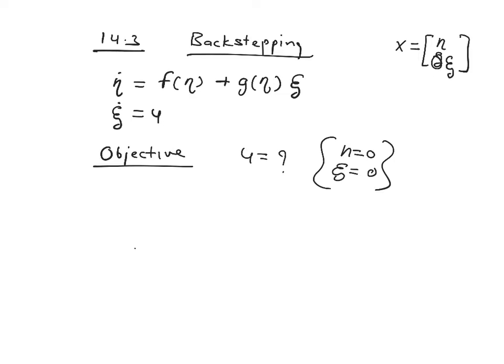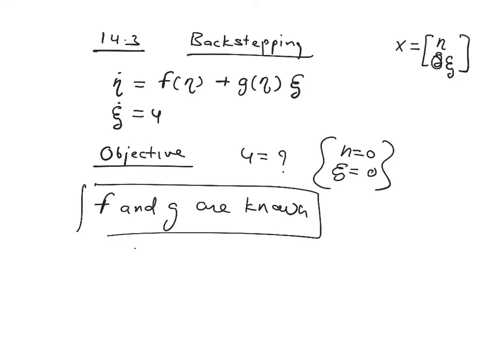Here, f and g are known. If they are not known, then you will be applying sliding mode or adaptive control. I thought you saying backstepping was to help with the sliding. Right now I'm saying f and g are known, because it is purely backstepping.